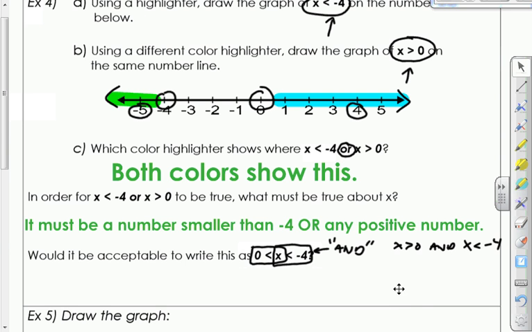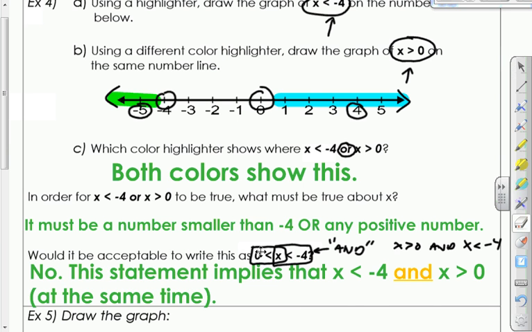So think about that for a moment. Is it possible for a number to be greater than 0 and at the same time be less than -4? Well, that's preposterous, right? There's no number that would satisfy both of those characteristics simultaneously. So in a statement connected by the word or, it is not permitted to write it as we see here as a compound inequality.